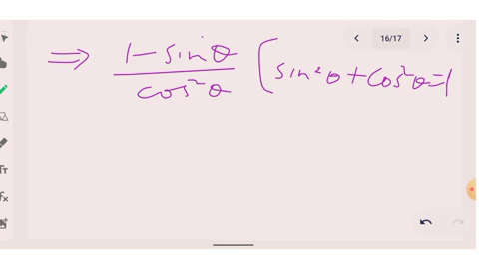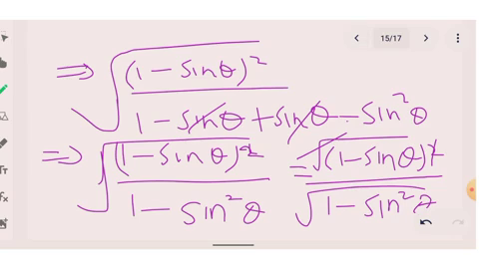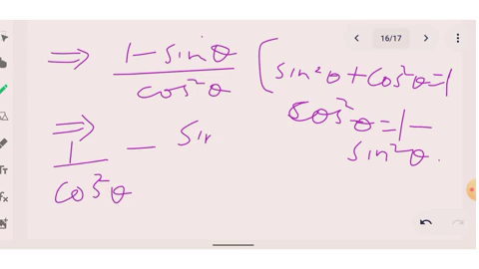So therefore, anywhere you see sine square theta, that is cos square theta, it is going to be 1 minus sine square theta. I get it now. And we have 1 minus sine square theta here. Definitely cos square theta will be replaced. We are going to replace 1 minus sine square theta with cos square theta. So now from there, this can be split into 2, like 1 over cos theta minus sine theta over cos theta.